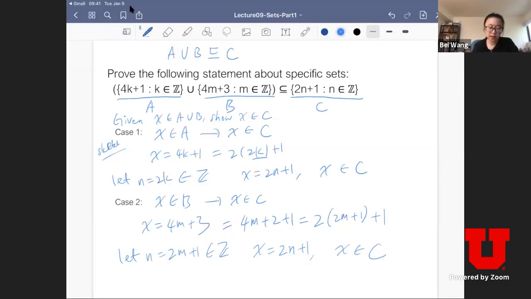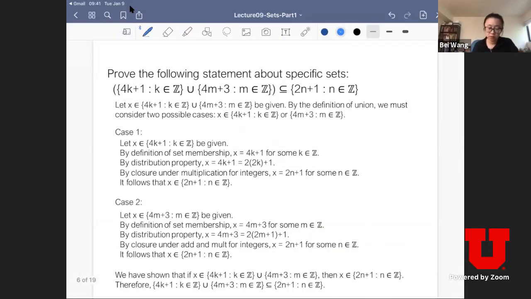Well, in here, I have skipped a lot of connecting words. In order for you to write this carefully in homeworks or exams, this is how you would write it. Of course, I use some simplification of set capital A, B, C to represent the sets, but the main idea is the same.